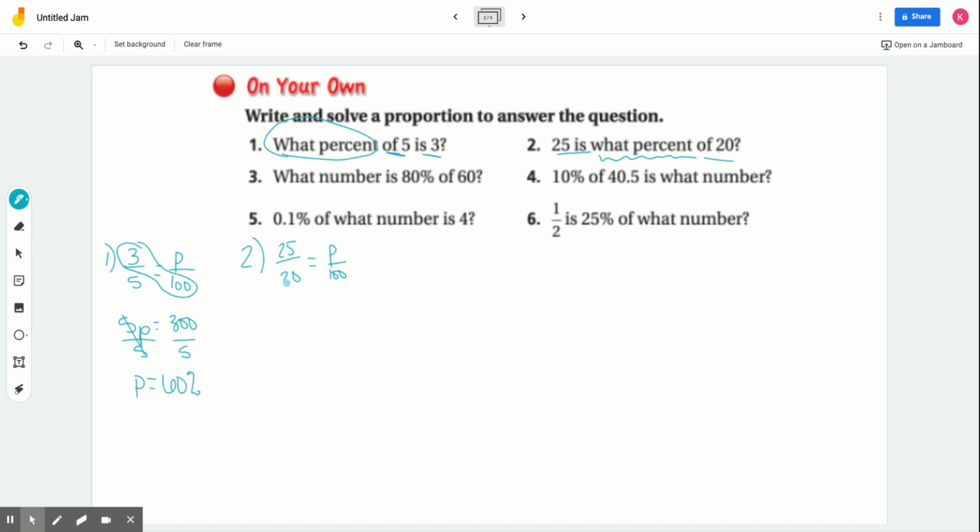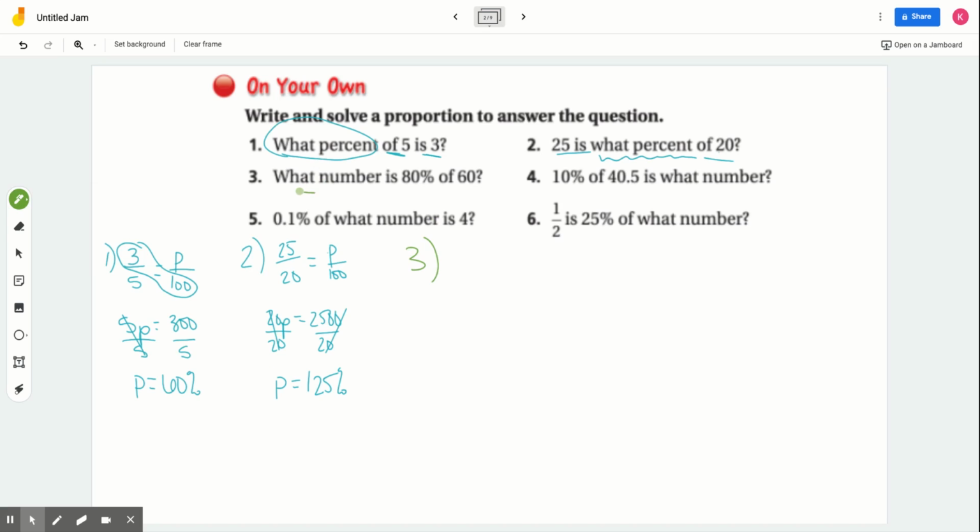Again, we can cross multiply. 20 times P is 20P. 25 times 100 is 2500. Divide by 20 on both sides, and P is equal to 125%.